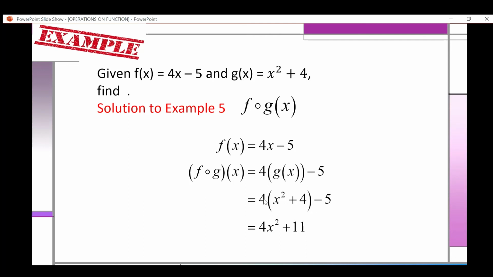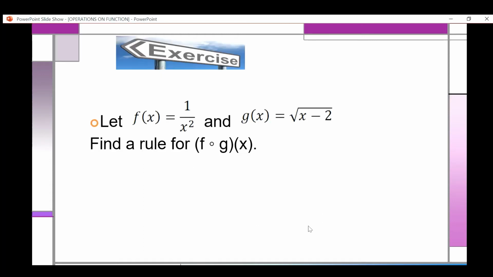Okay? Then, dito, apply lang natin yung distributive property natin. So, 4 times x squared, 4x squared. Tapos, 4 times 4, that is 16, class. 16 minus 5, that is 11. Okay, so the final answer is 4x squared plus 11. Okay?